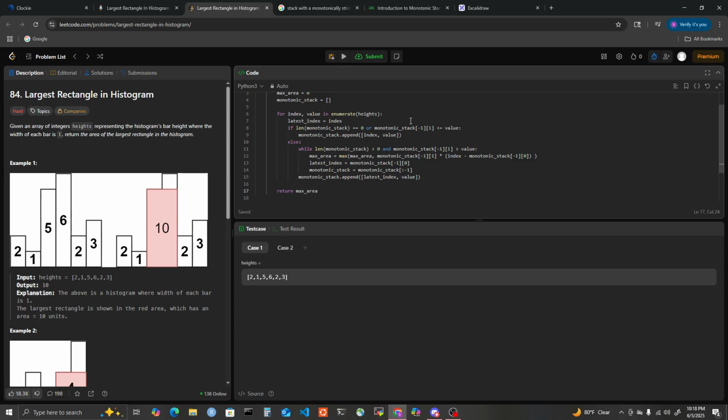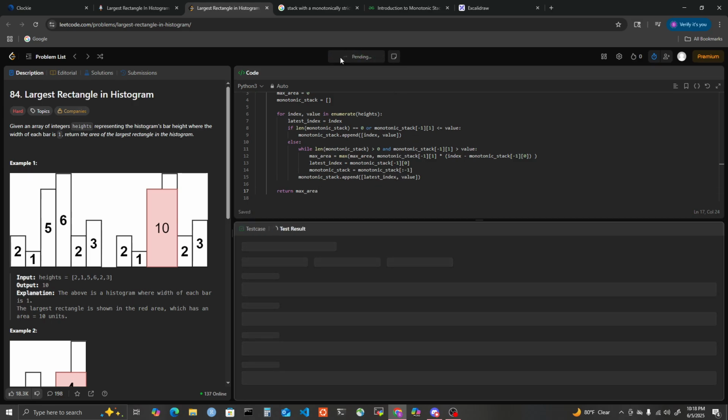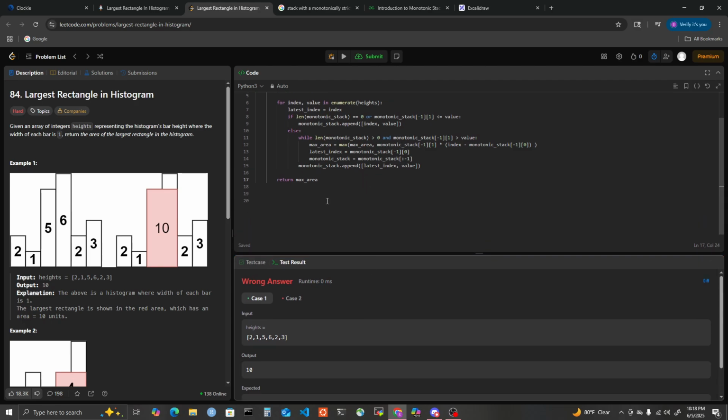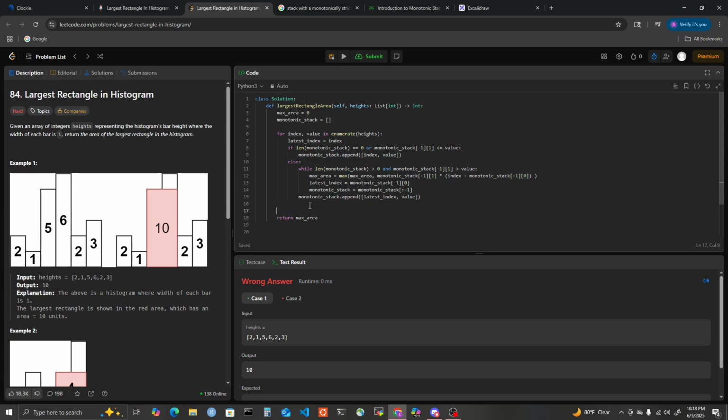So I'm gonna run this. It's not the correct solution because I still haven't done my iteration, but it should at least give me case one. Yeah, so it should at least give me that, right? Now I'm gonna do my iteration.